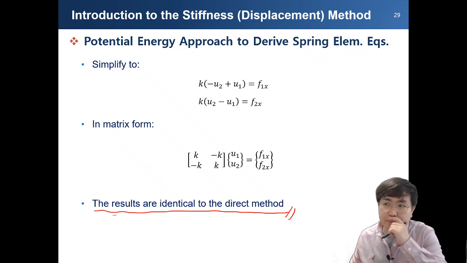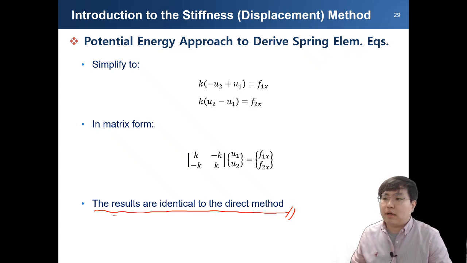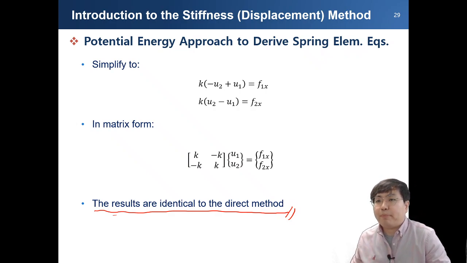Compared to the direct stiffness method, the potential energy approach is slightly more difficult or complex. However, it can be used for other types of equations.